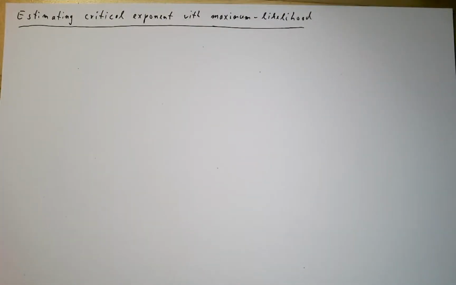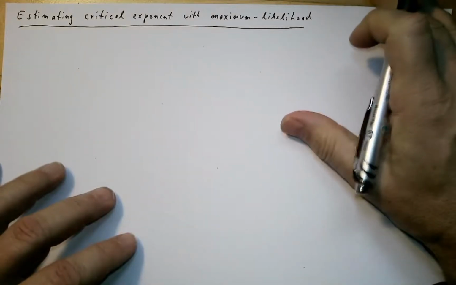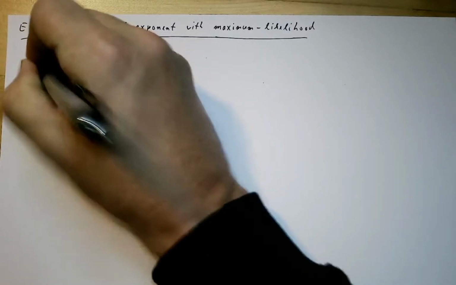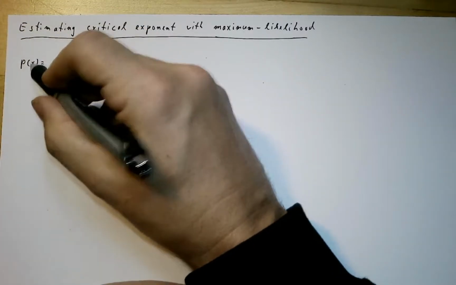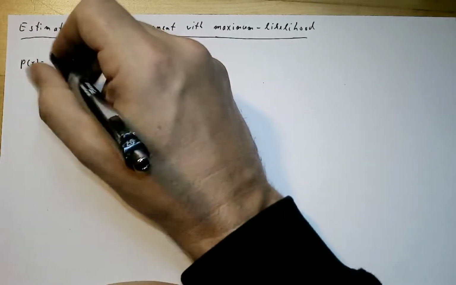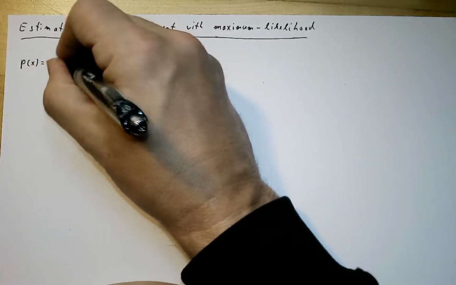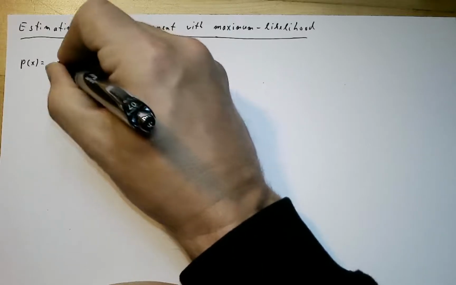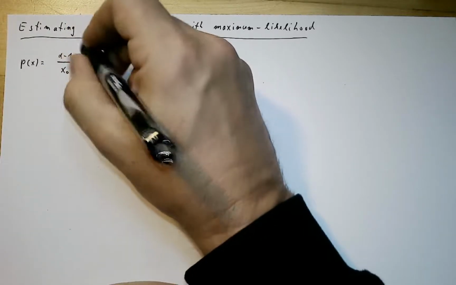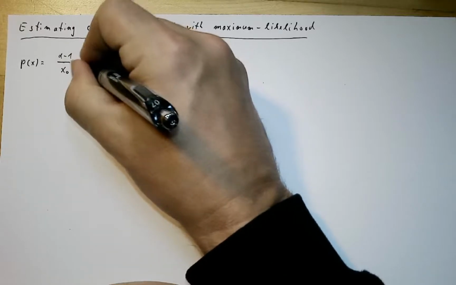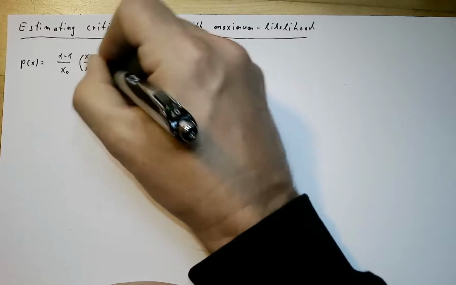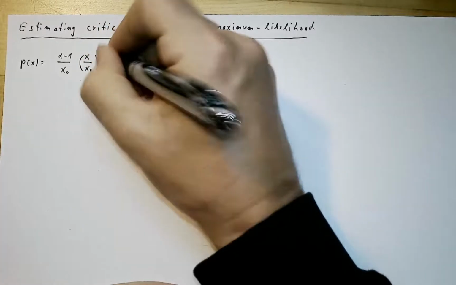Okay, so let's say we start with our power law distribution, which we write down again. It looks like this. The probability P of x is alpha minus 1 over x0, the cutoff value, times x over x0 to the power minus alpha.